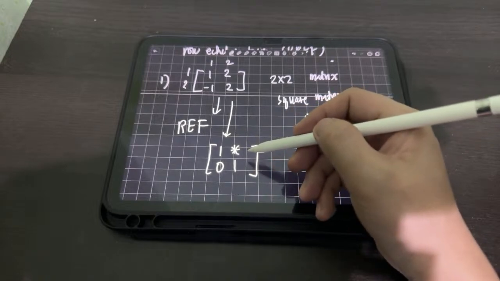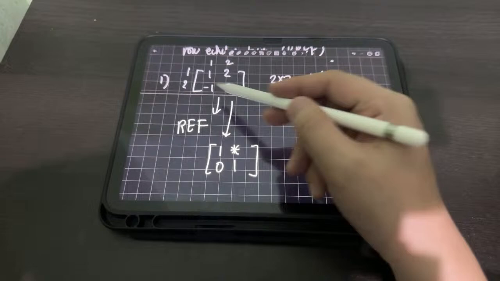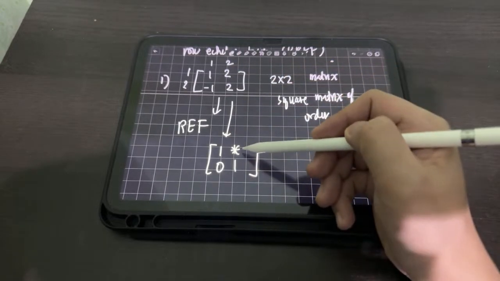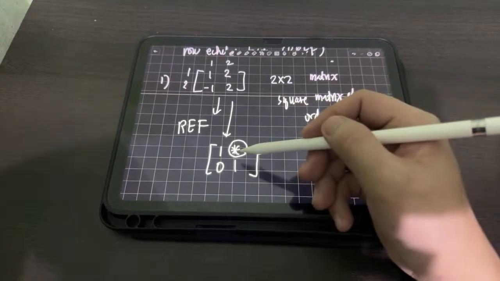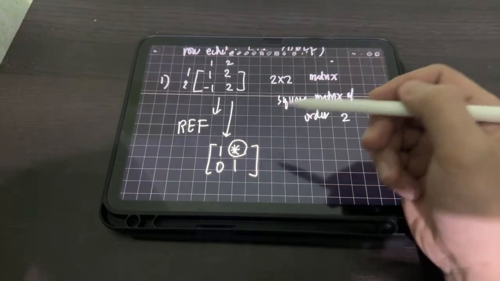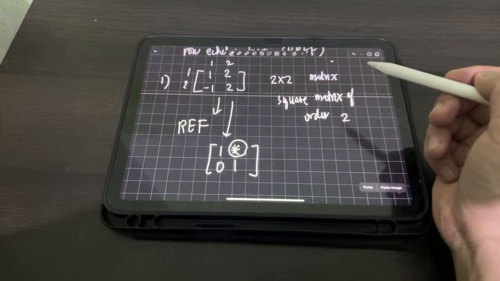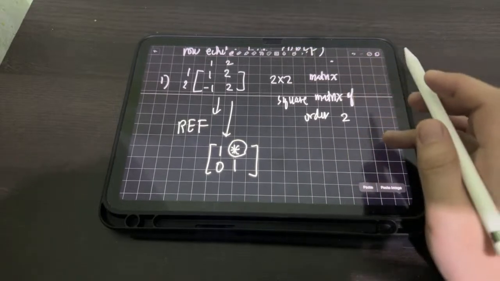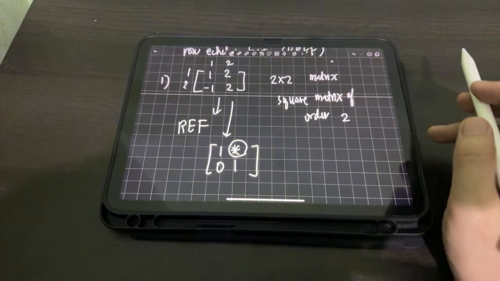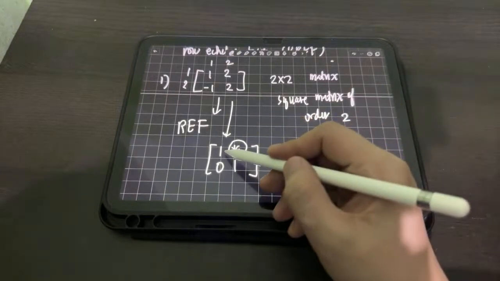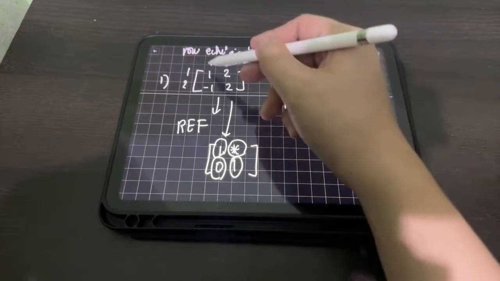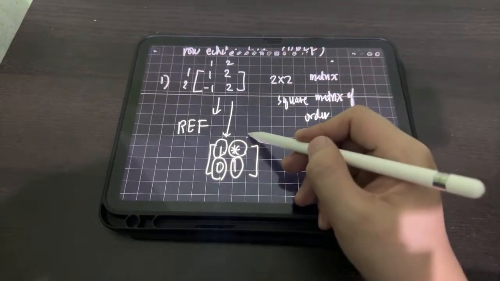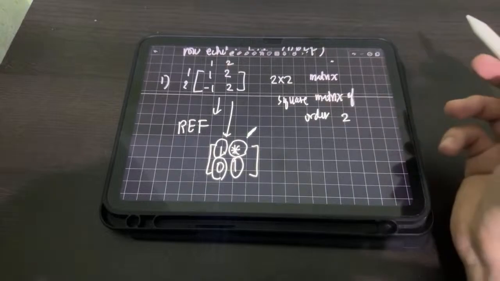So the goal is to transform this matrix into this form. This asterisk means any constant, whatever constant we have obtained by applying the different elementary operations. The most important numbers that we must have are the 1, 0, 1 for these entries. And whatever this one is, is not important.